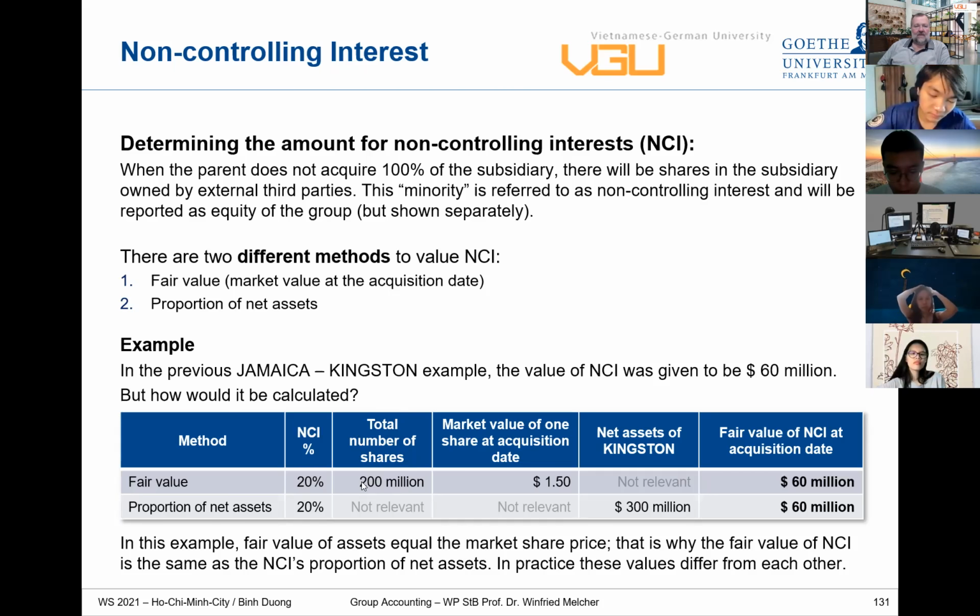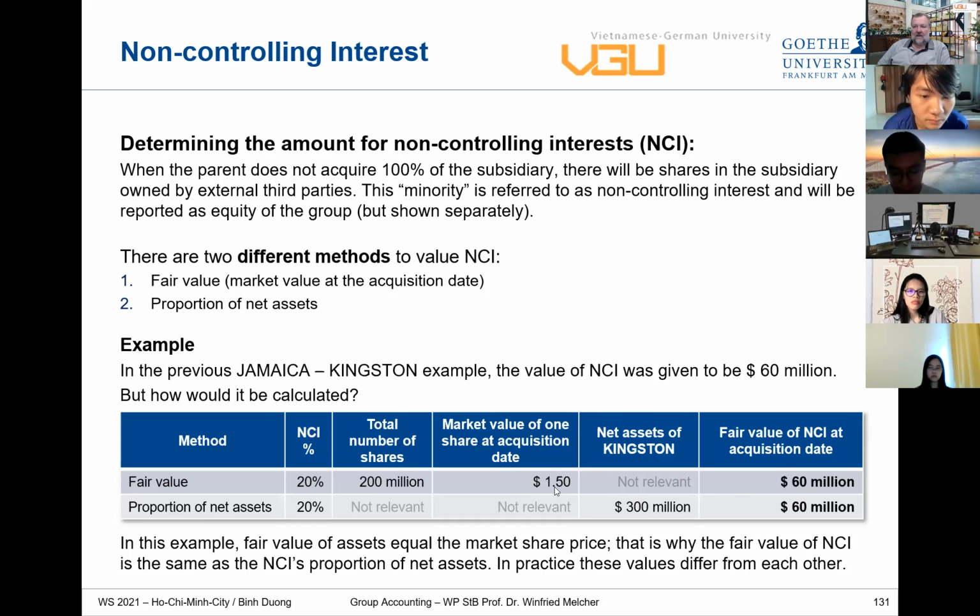So 20% of that is 40 million shares. When we look at the market, where you maybe see at the stock exchange that the current value is $1.50 for one share, then you can estimate the fair value of the non-controlling interests at that date. When you look into the paper or the internet, you can see that the fair value is 60 million.